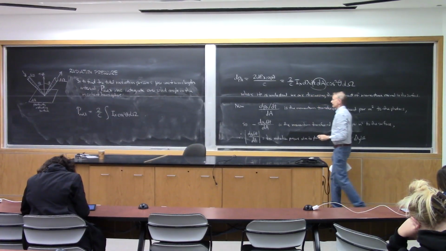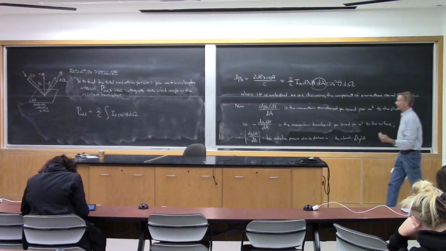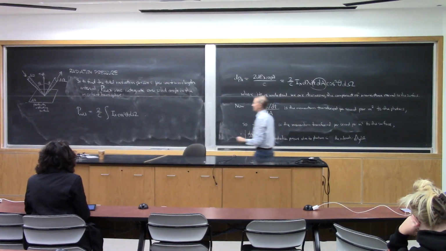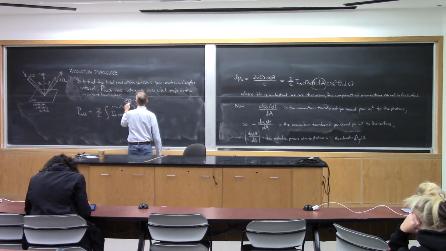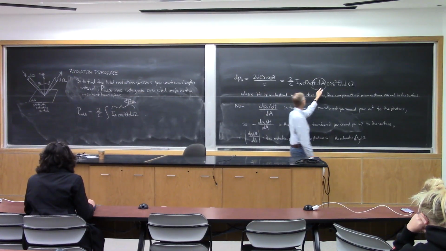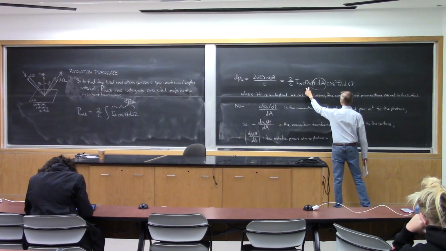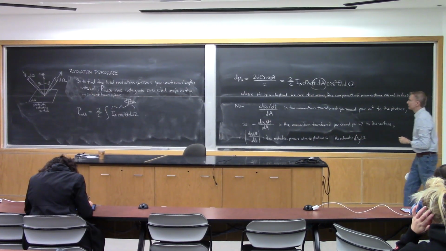We're taking dp over dA dt and integrating that. So this piece right here is our dp lambda over dt dA. So those pieces have gone away. And then we still got the cosine squared and the d omega.